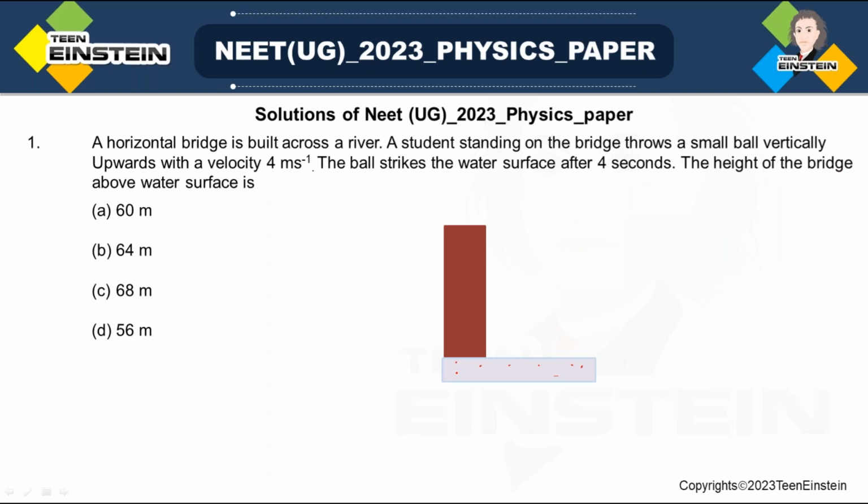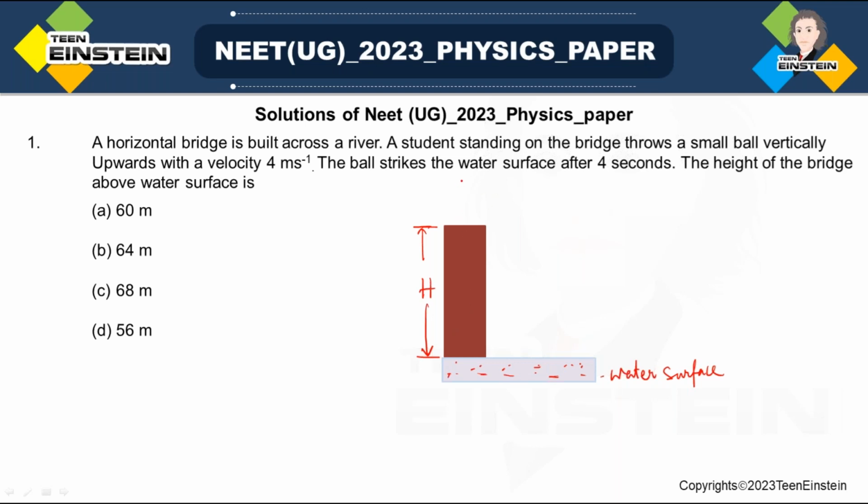Suppose this is the water surface of the river, and this is the height of the bridge, say h.